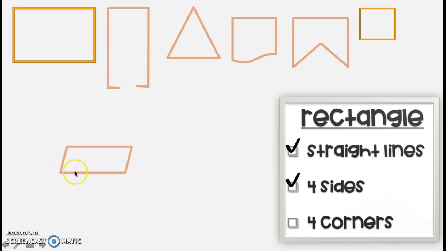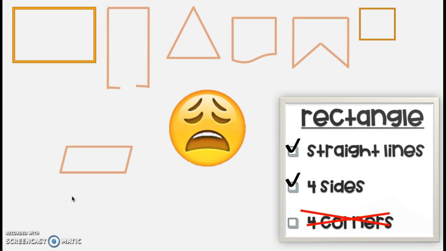So if I drew an L in there, it would make a nice L. This one is too slanty. He kind of goes to the side, so no, I'm going to say he does not have the right kind of corners. If you see something that looks like a rectangle, but it's tilty, not a rectangle. It needs to have four corners that are nice and square that make that L shape, okay? So no, he's not a rectangle.